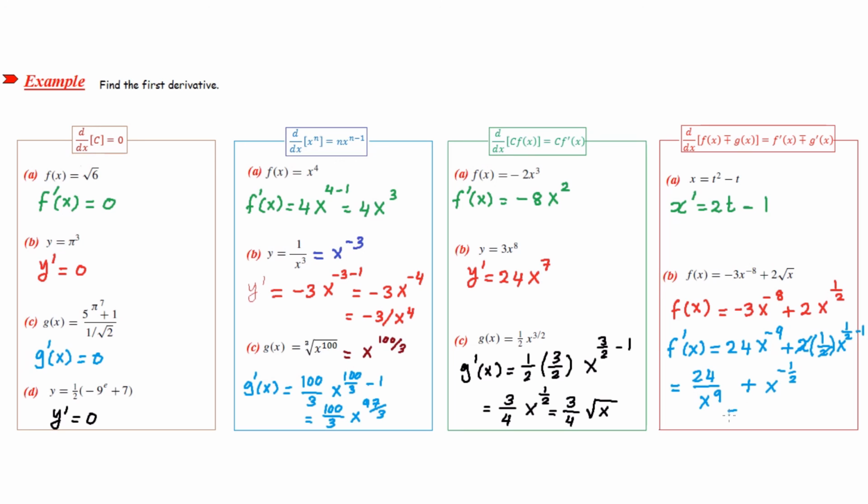And as a final answer, you can write it as 24 over x to the power 9 plus 1 over x to the power half. But x to the power half, we can write it as radical x. And this is the final answer for the last example.